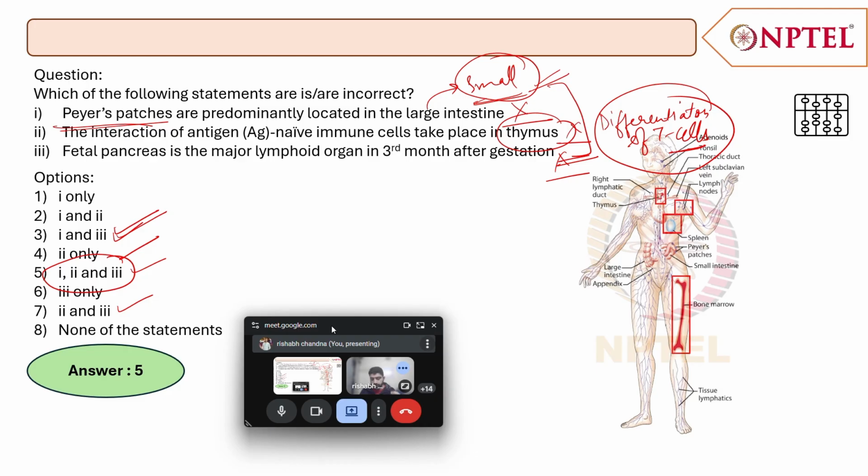The naive T cells actually encounter the antigen in the spleen and the lymph node. Okay, so only the thymus and bone marrow help in differentiation. And in this figure we can see the position of the Peyer's patches also. So the Peyer's patches are present near the small intestine area, and not in the large intestine area.